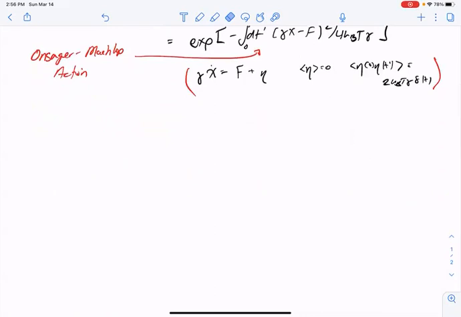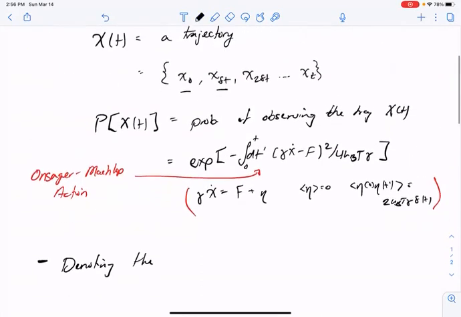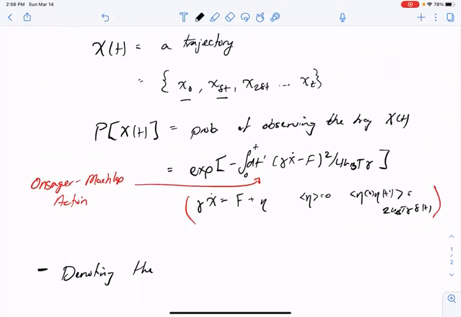So specifically, we denoted not just the forward in time trajectory, but its time reverse counterpart.